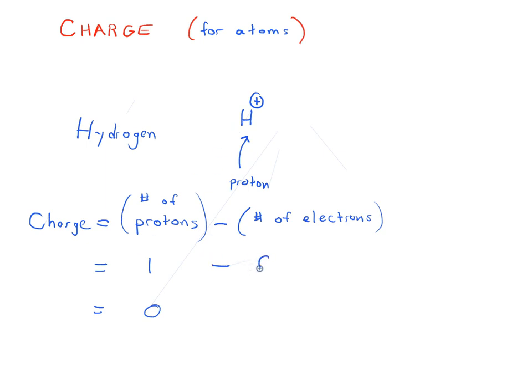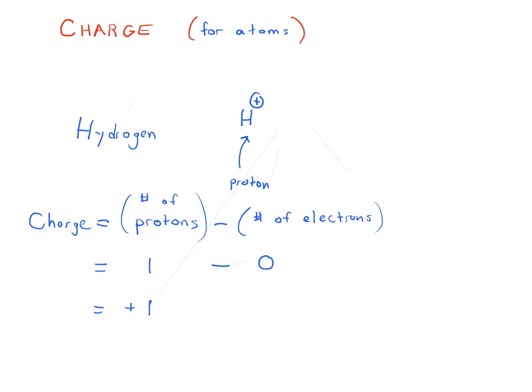The number of electrons is now 0. So the charge of the hydrogen in this case would be 1 minus 0, so plus 1. This is H+, sometimes called just the proton.